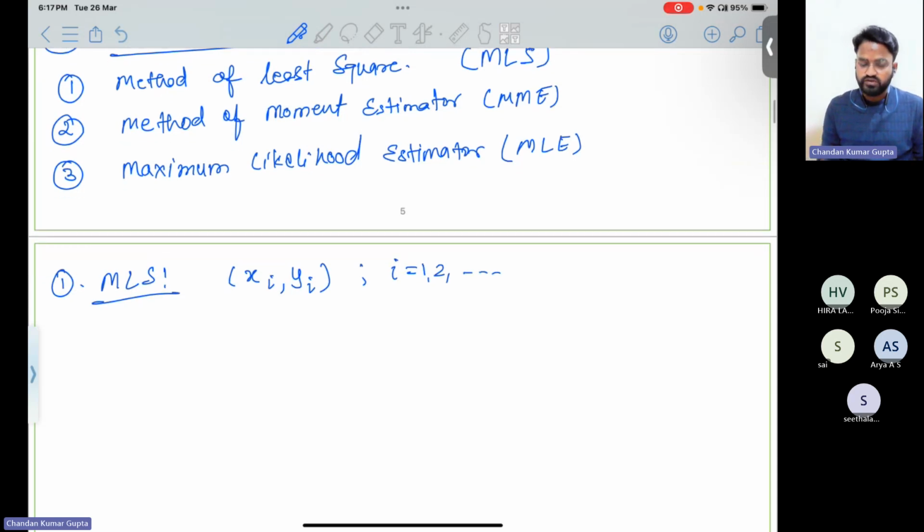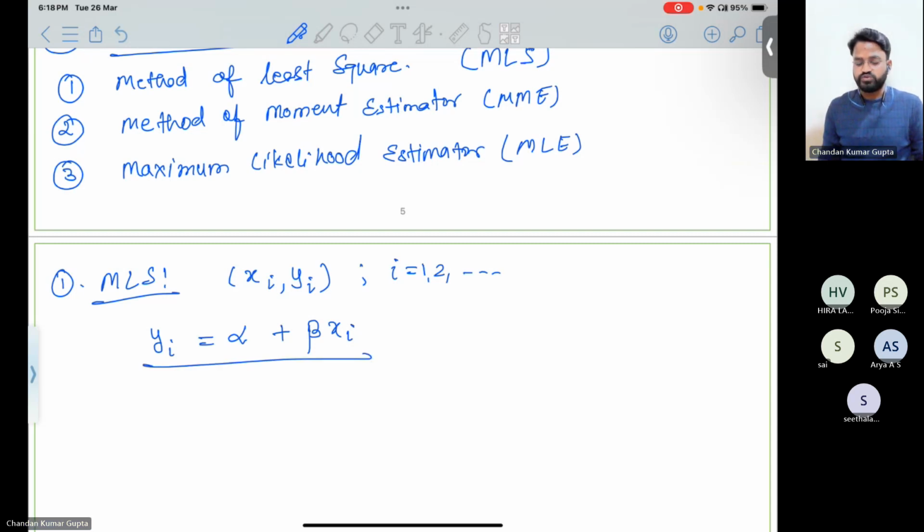Our aim is to create a model which gives the relationship between these two. For example, yi equal to alpha plus beta xi. Here it is a linear model actually. Yi is some quantity which is dependent on xi.